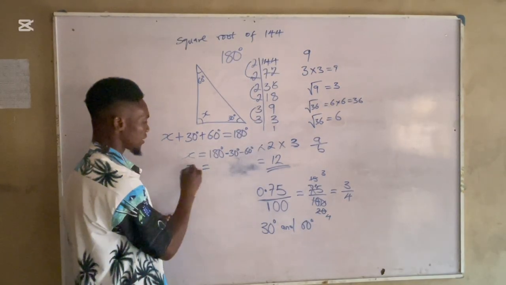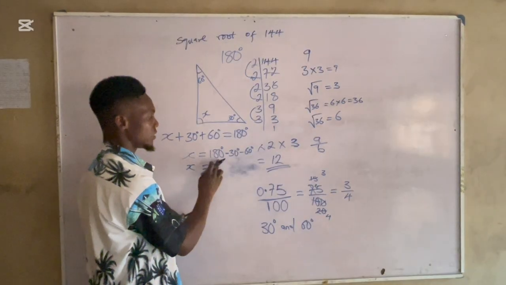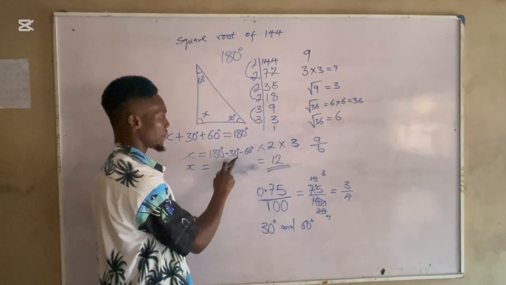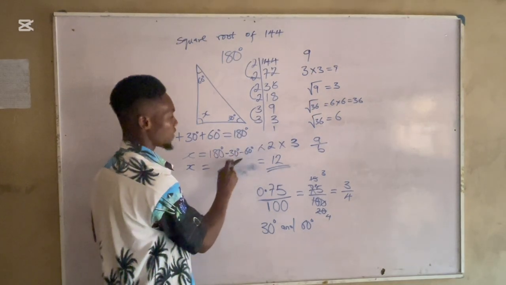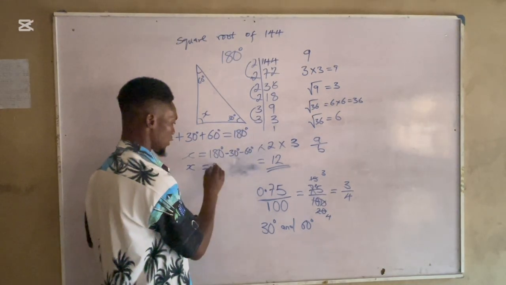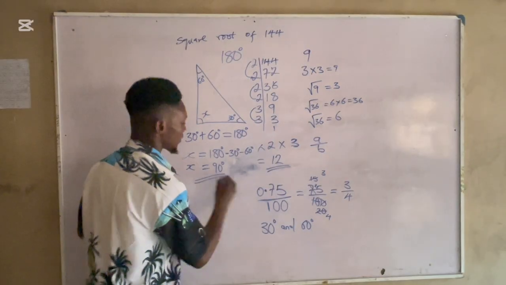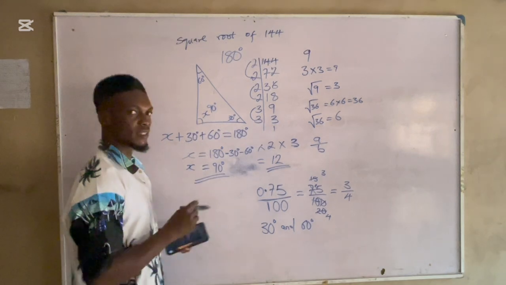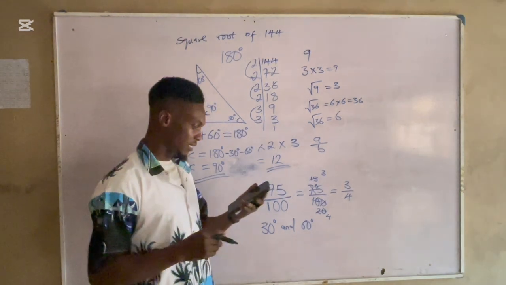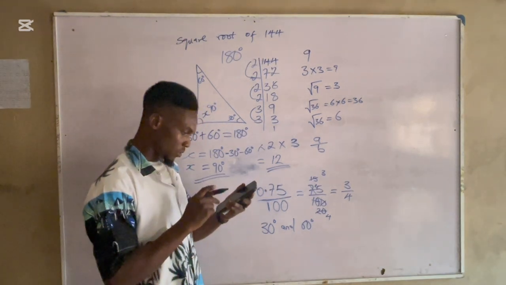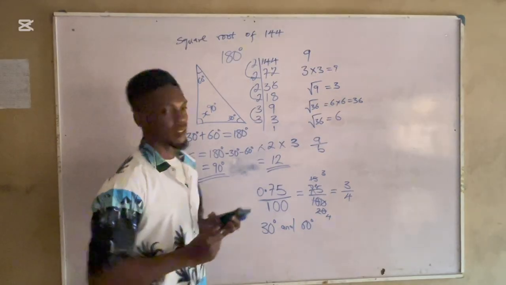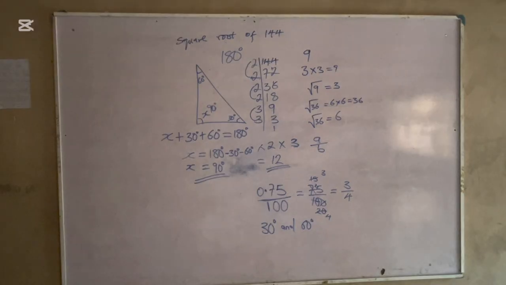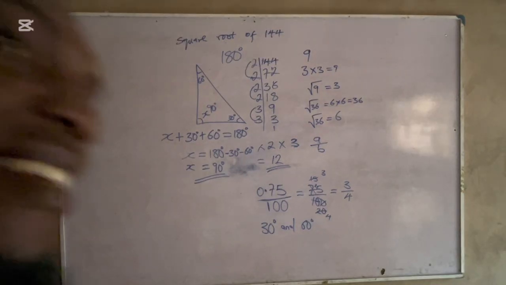Then finally, x will be equal to 180 minus 30. 180 minus 30 is 150. And 150 minus 60 will give us 90 degrees. That means the value of the unknown, the third angle that we are looking for, is 90 degrees. And that is option D. Sorry, option B.